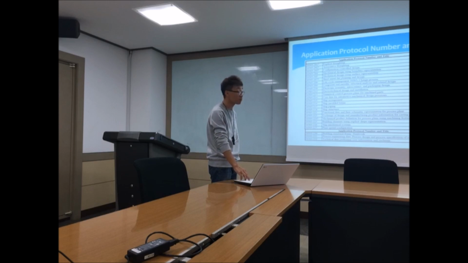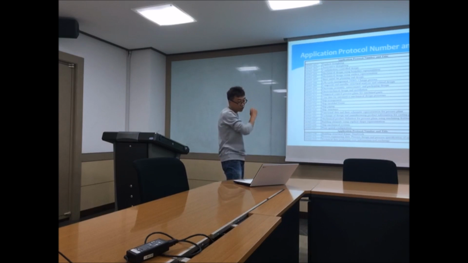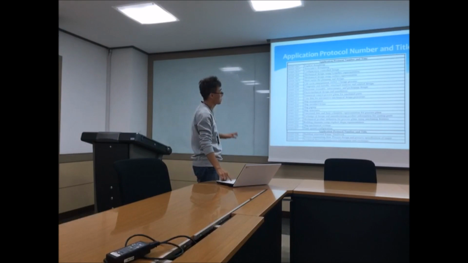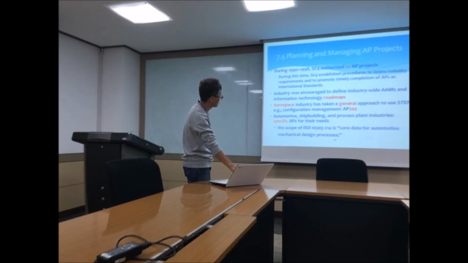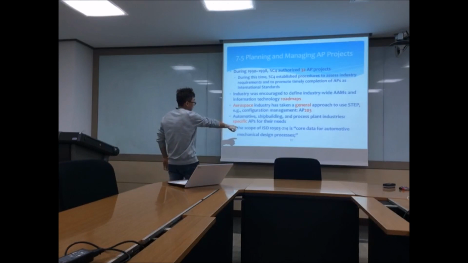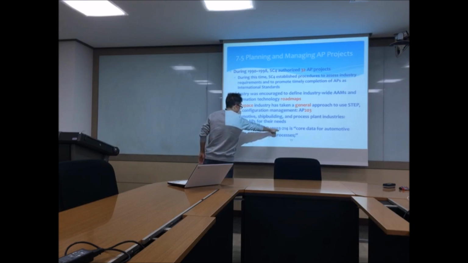What is the number of 201, 202? 10303 is the ISO, the beginning of the ISO standard.